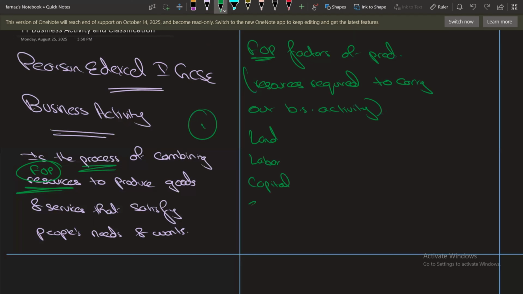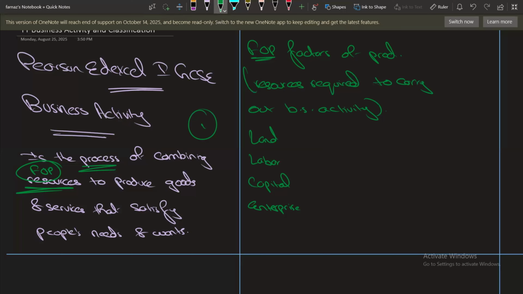All of these come under resources. So whenever an entrepreneur or an individual like you and me combines these resources, land, labor, capital, enterprise, and produces a good or service out of this, which satisfies people's needs and wants, that is what a business activity is.